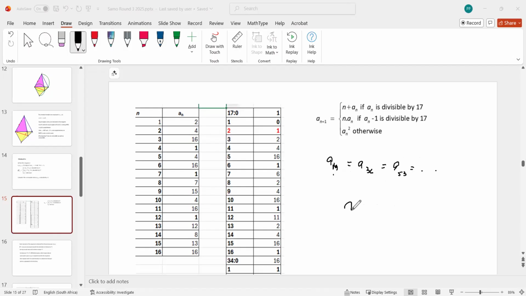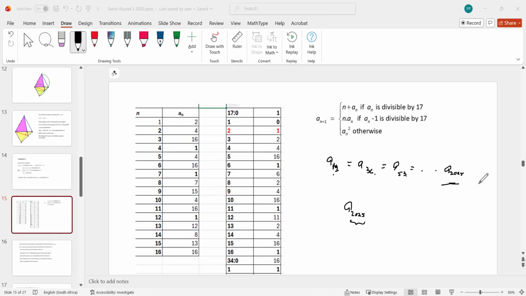So when you come to A2025, right? Now this, if you divide this by 17, the remainder is 2. If you divide this by 17, the remainder is 2. And if you divide this by 17, you will see that the remainder is also 2.